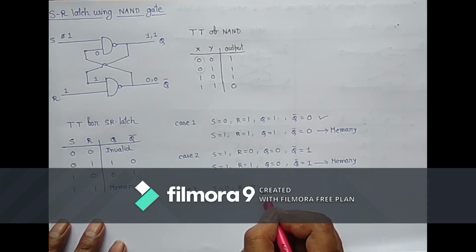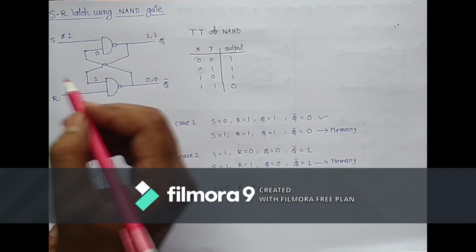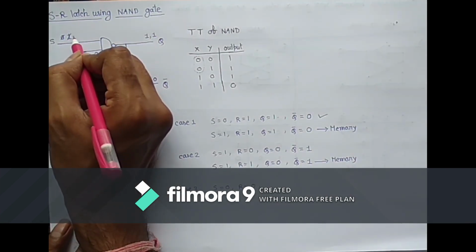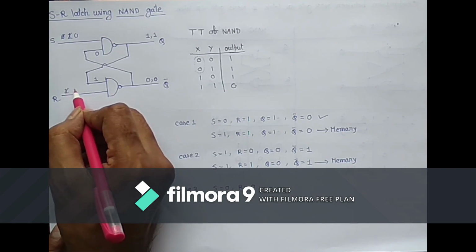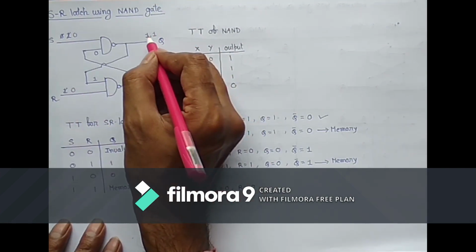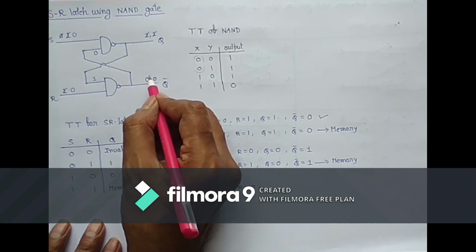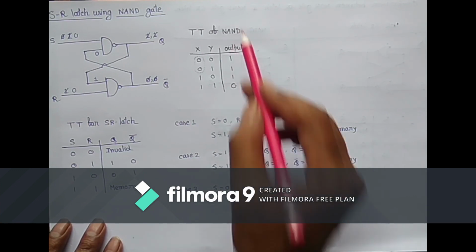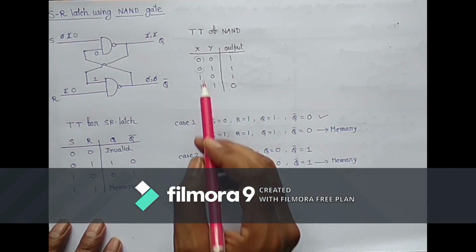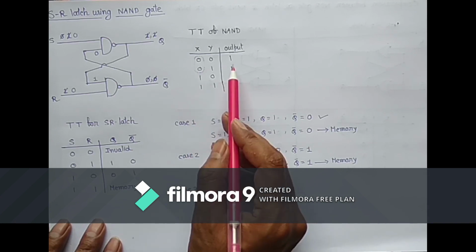That means you have to put 0 here and you have to put 0 here. Now what will be the output? From the NAND gate truth table, if any one input is 0, the output is always 1.